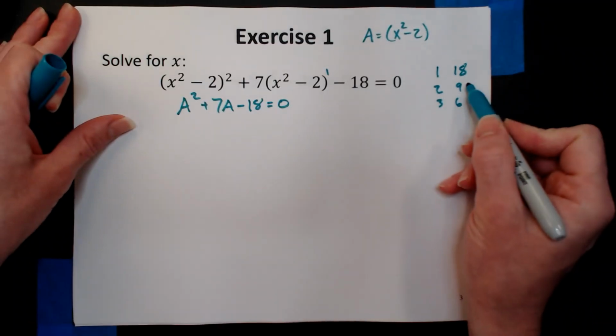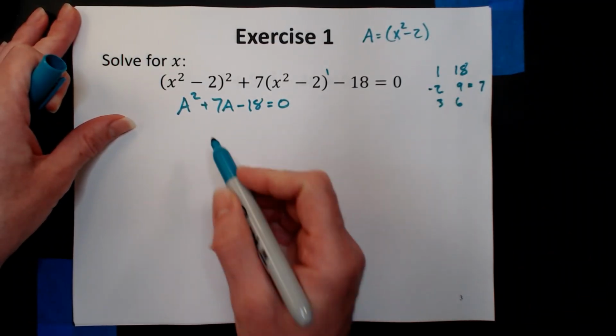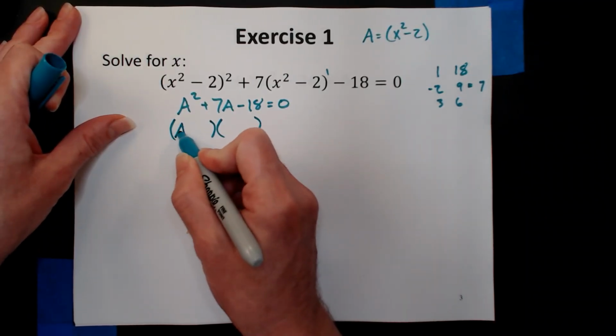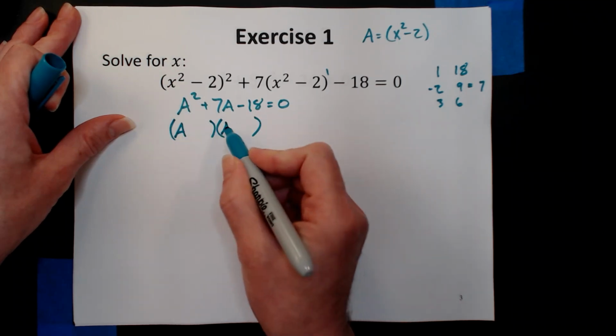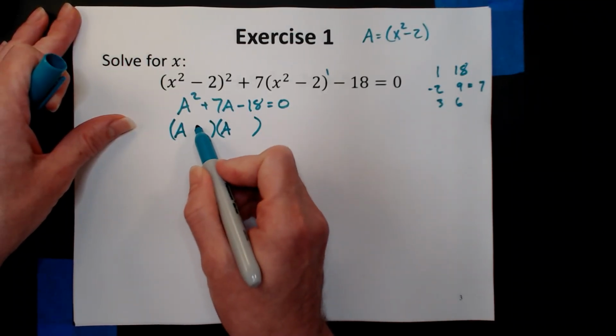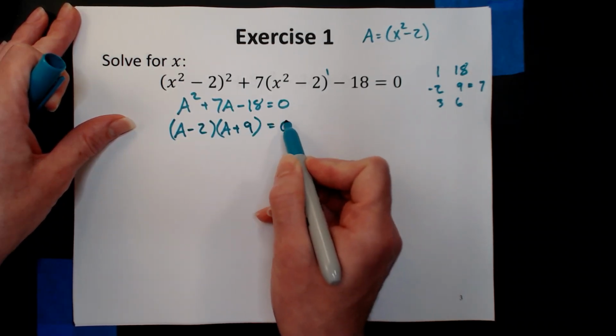Two of these numbers whose difference is 7 are 2 and 9. We want positive 7, so we want the 2 to be negative. The only way I can get A squared is A times A. Then I get A minus 2 and A plus 9 equals 0.